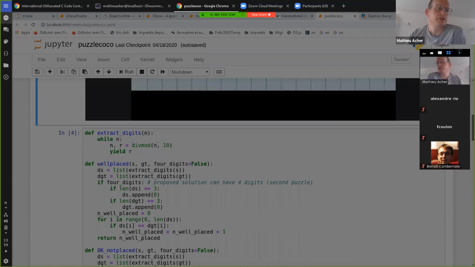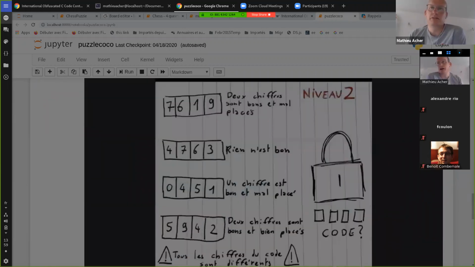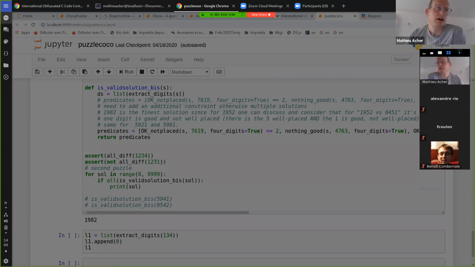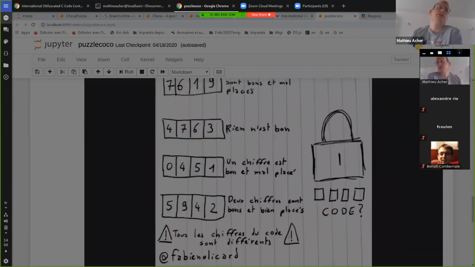I found a valid solution, and then I tried to generalize it to another kind of puzzle, etc. And now the question I have is, how can I generate puzzles that are worth investigating? So that's it for me.